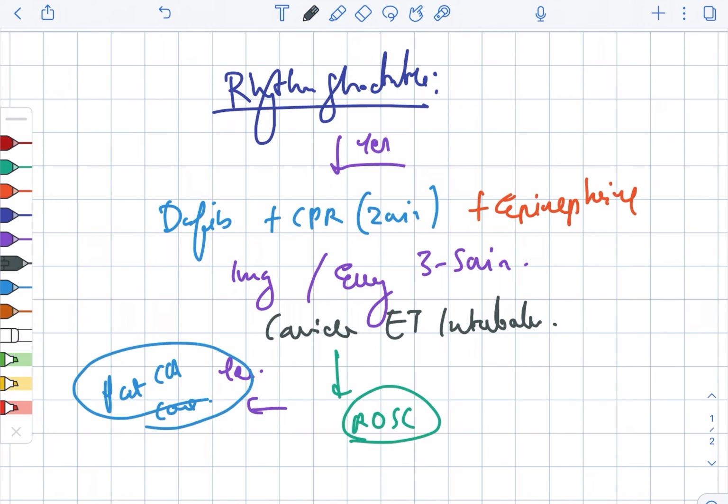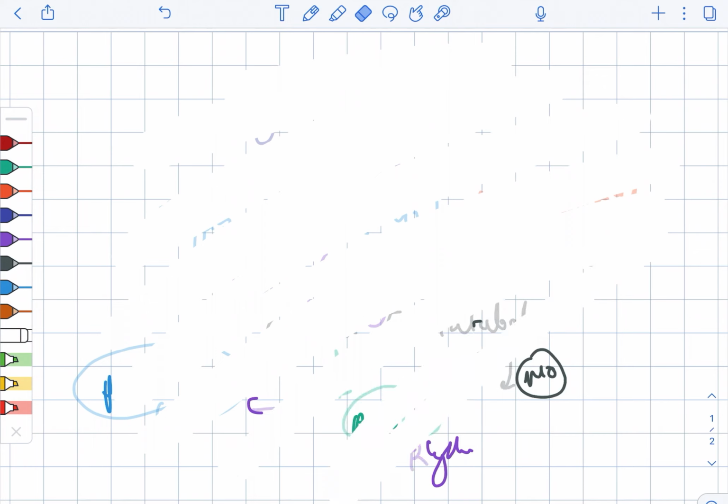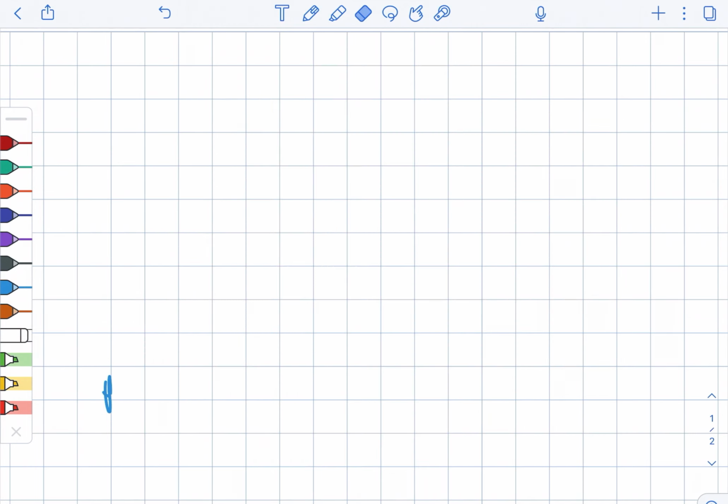Next, in case there is no ROSC, then we look if the rhythm is shockable.